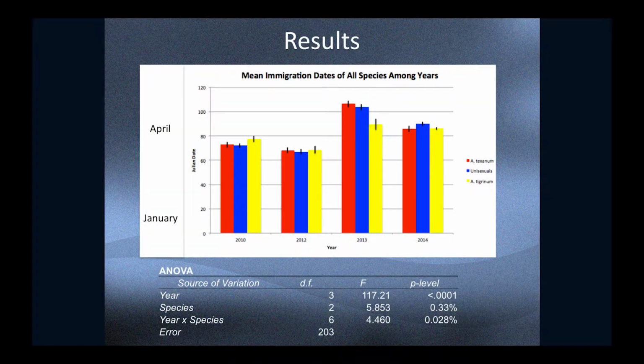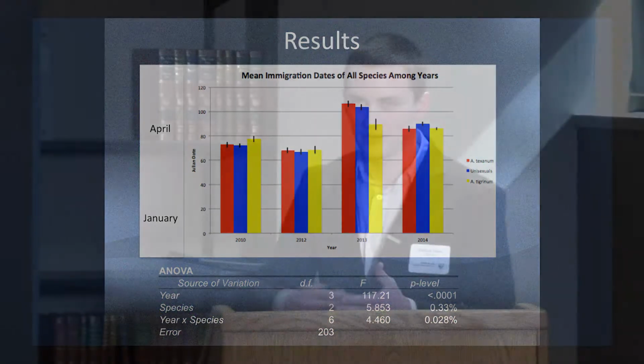Okay, so this is a graph illustrating the mean immigration dates of all the species among the years. We can see that in 2013 and 2014, they generally immigrated at a later date, and that's probably because of the weather. There was more snow and colder temperatures, so when that happens, they want to come later because those temperatures are not ideal.